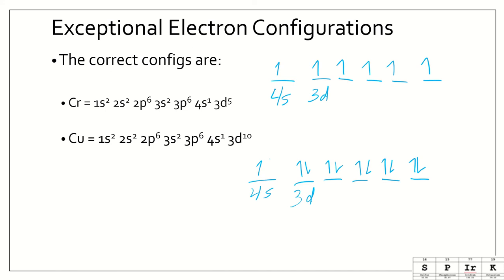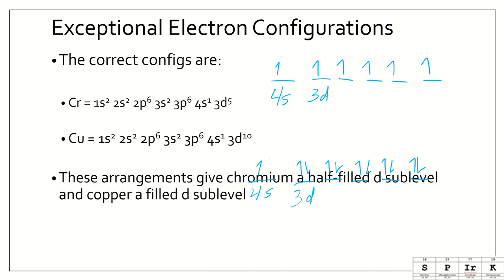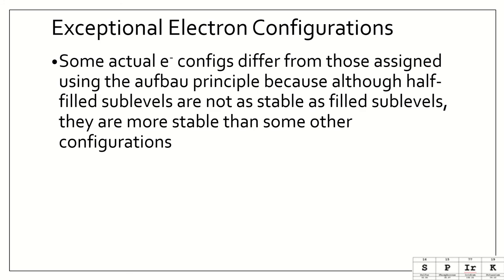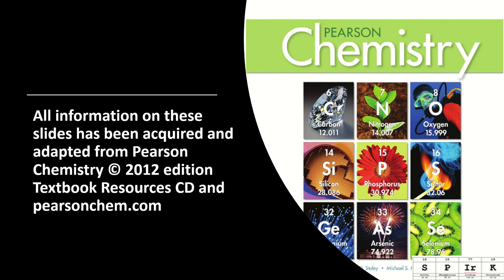This only occurs for the groups or the columns underneath copper and chromium. These arrangements give chromium a half-filled d sublevel and copper a filled d sublevel, and that's what they prefer. So some actual electron configurations differ from those assigned using the Aufbau principle, because although half-filled sublevels are not as stable as filled sublevels, they are more stable than some other configurations.